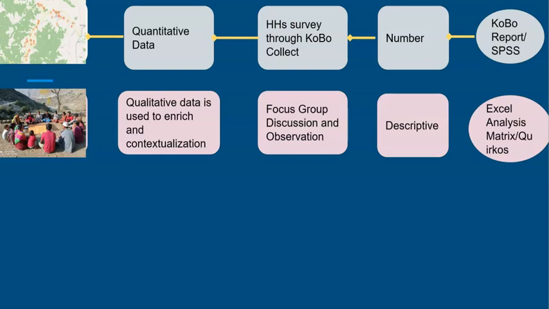This type of information generally comes through focus group discussions, observation, key informant interviews, or in-depth interviews with the users and stakeholders, and all of it is in descriptive form. In my research, I put all the FGDs and in-depth interviews together in a file, and later coded them into different themes, for example social, economic and environment.